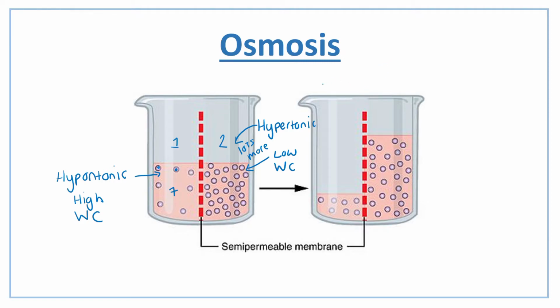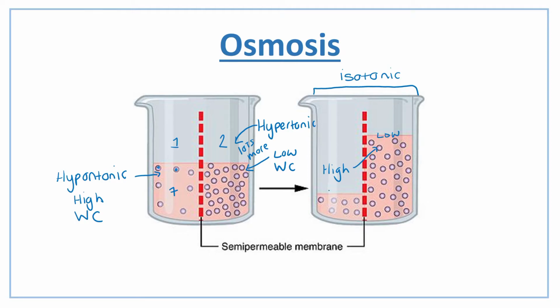Over on the right hand side, this beaker here is what it looks like when these two solutions are isotonic. This is what would happen with osmosis. When it is osmosis, it is the water molecules that are moving. So the left hand side has high water concentration going in to low.